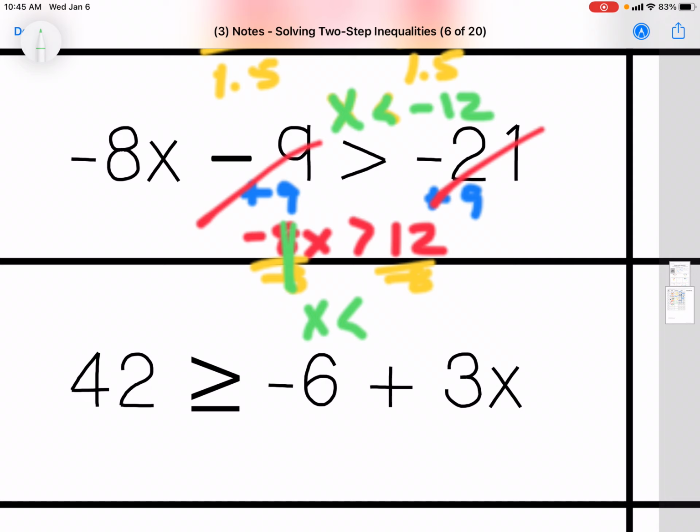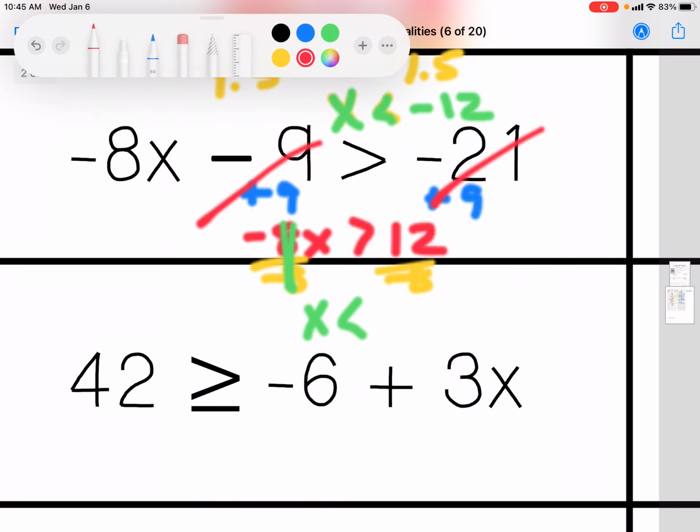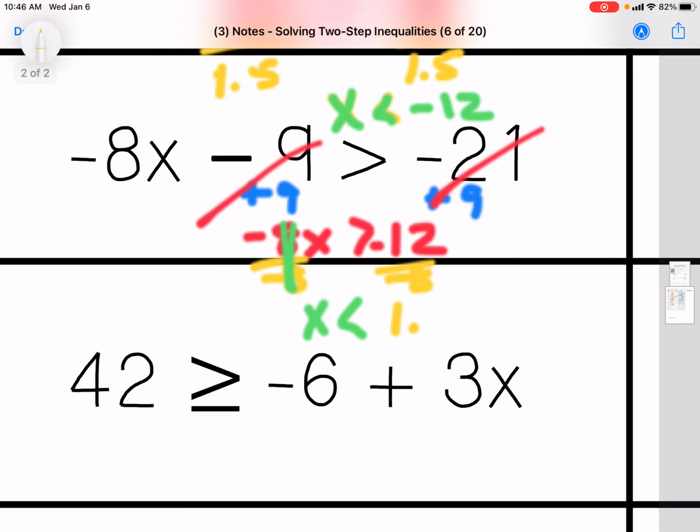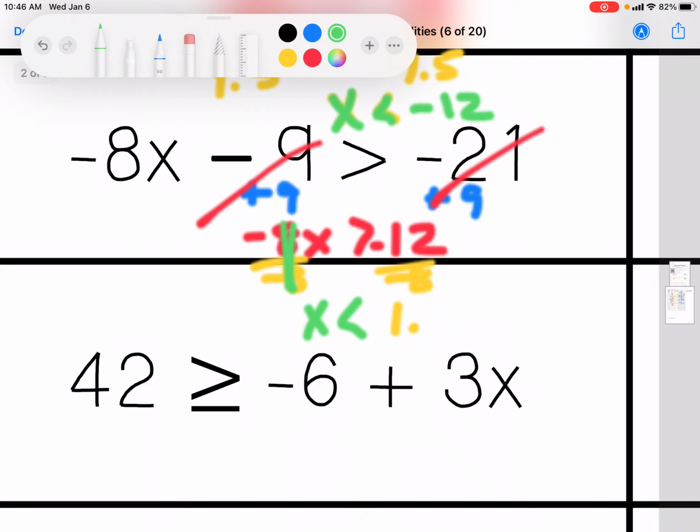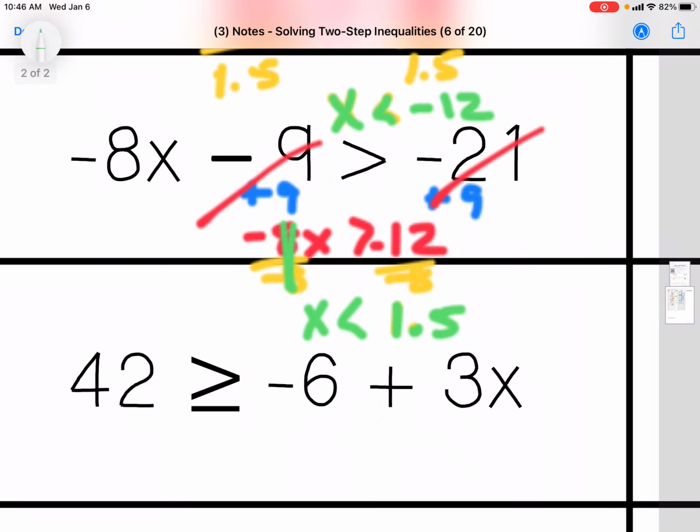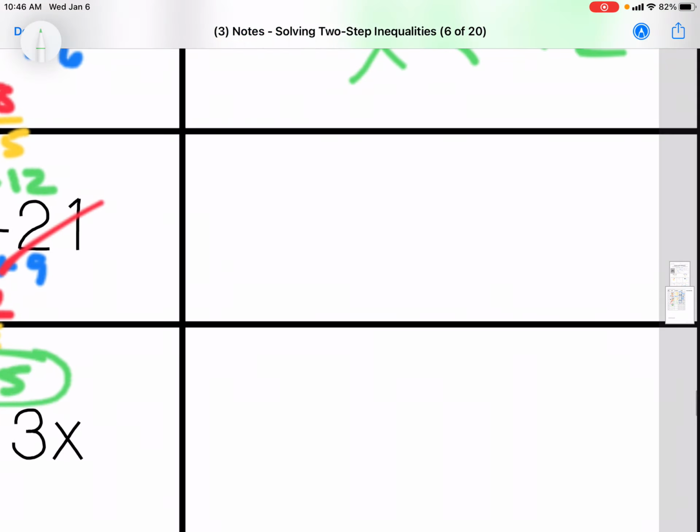And that's a negative 12, by the way. It is positive 1.5. So x is less than 1.5.